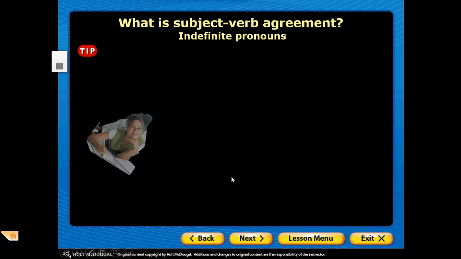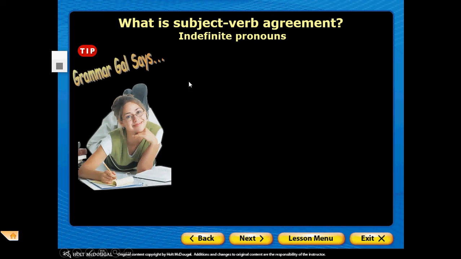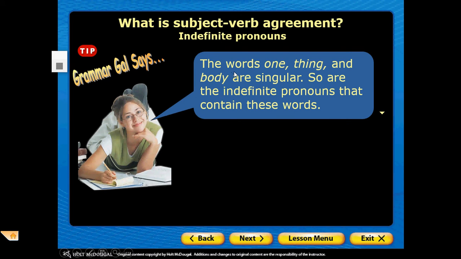The Grammar Gal says the words one, thing, and body are singular, simple. This is a no-brainer. So are the indefinite pronouns that are compounds of these words plus another word. Example, is one late?